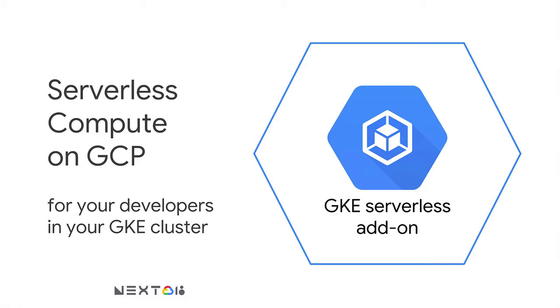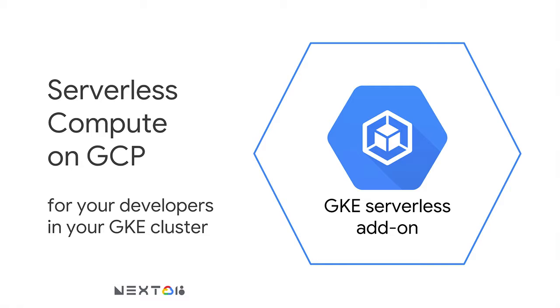So here, to be clear, the GKE Serverless add-on allows you to get a serverless developer experience within your own Kubernetes cluster, but it does not provide you the serverless economics. However, all of the other attributes are available for this product. It has been announced yesterday and is currently in alpha.